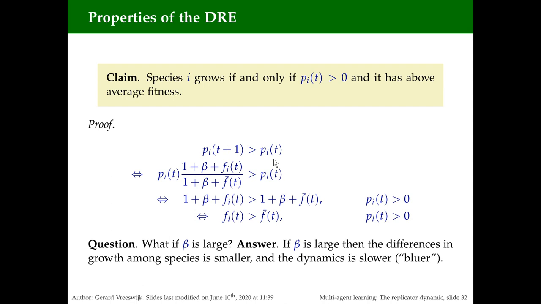So if you have negative payoffs in your ground table, you should add some positive number to these payoffs so that they become non-negative. And if they are non-negative, then you can apply the replicator dynamic.